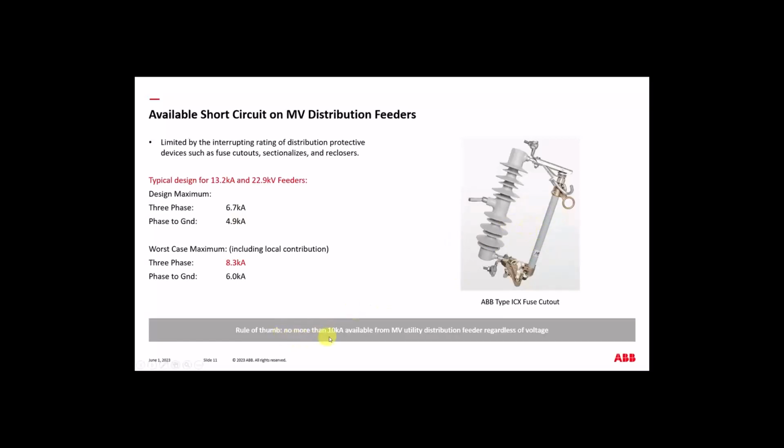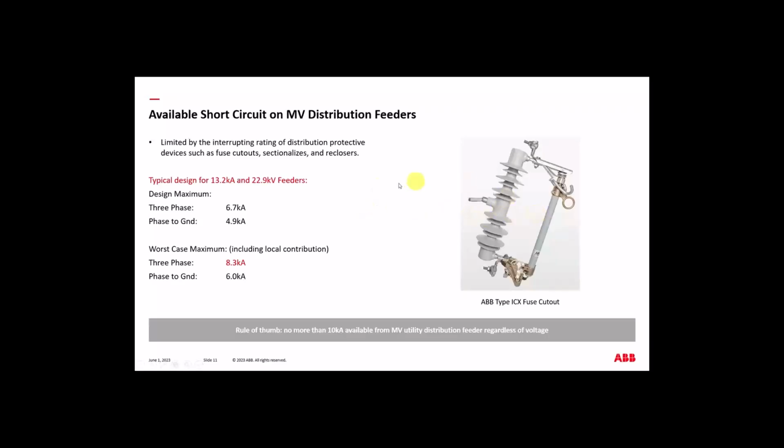It says it right here, rule of thumb, no more than 10 kA available for medium voltage utility distribution feeder, regardless of voltage. Sometimes it ranges from 8 to maybe 16 kA, but it's really no higher than 16. So 10 kA is a good number, and that sets the limit.